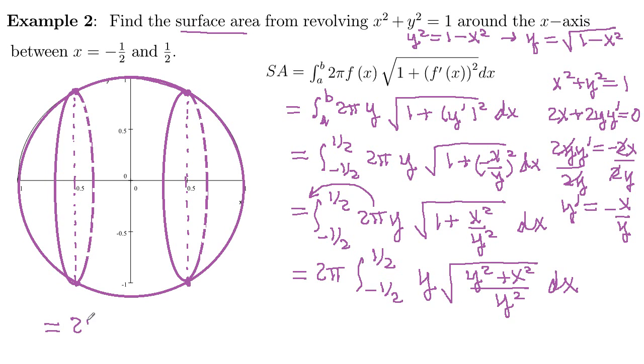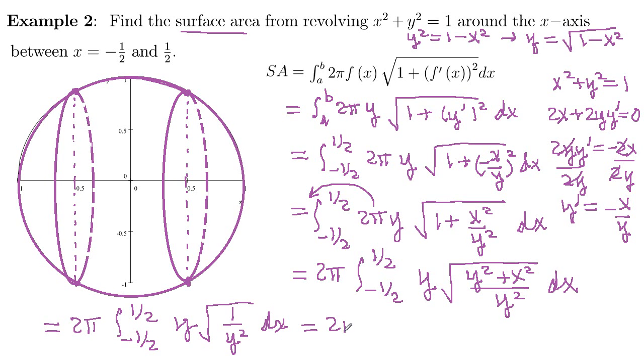And then that's 2 pi on the outside, integral from -1/2 to 1/2 of y, and then here, y squared plus x squared, well, that's 1. So this is going to be the square root of 1 on the top and y squared on the bottom, and then dx. This works out nicely because the square root of 1 over y squared is 1 over y.